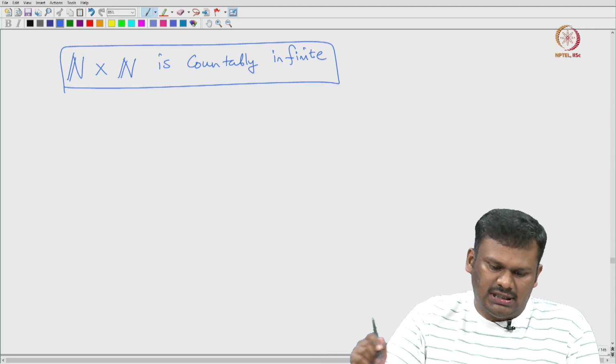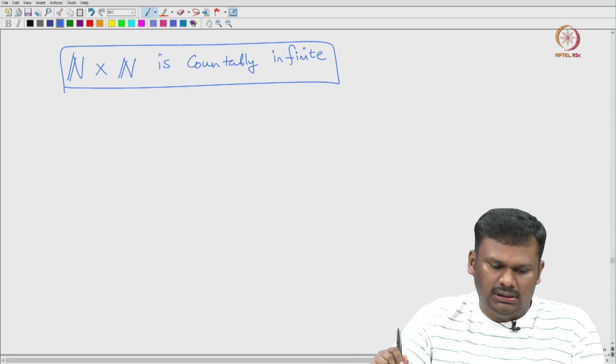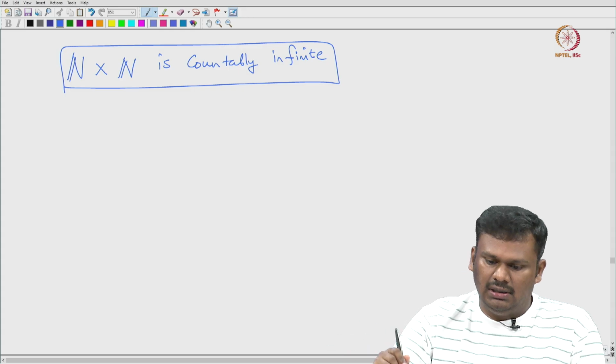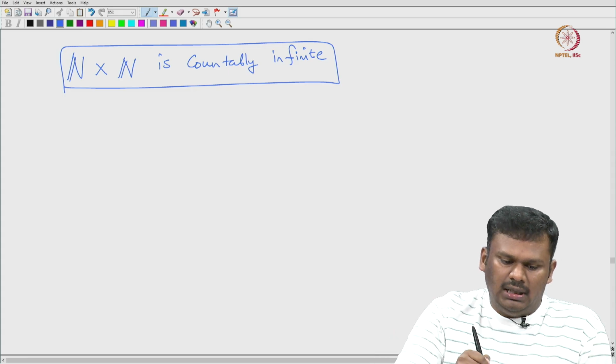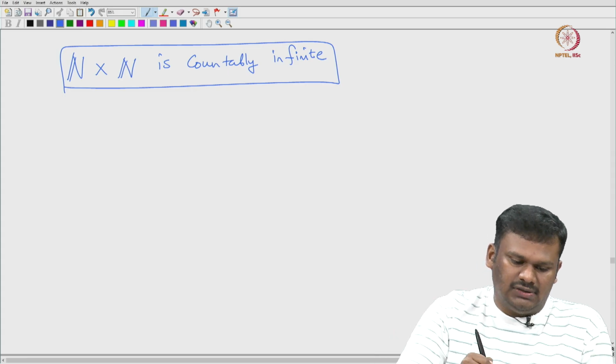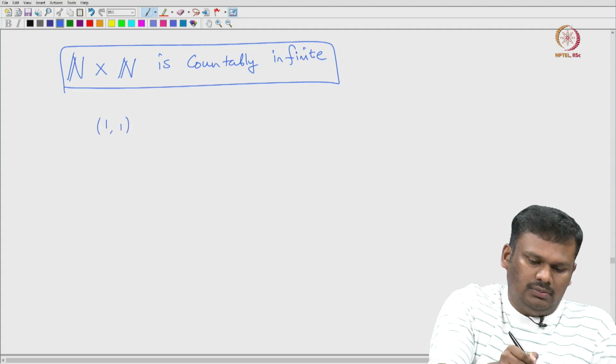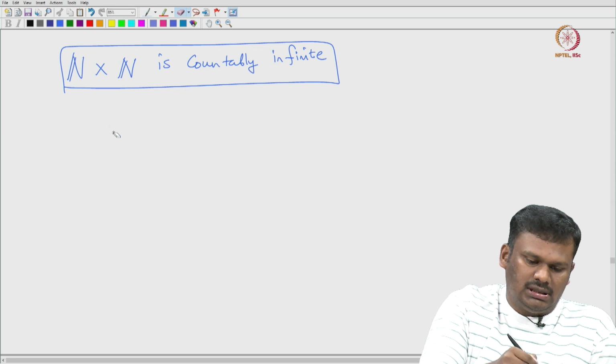So, let us first construct this surjective map, which generalizes to other sets as well. Let us write this n cross n as follows. Our n is starting with 0, so let us start with that.